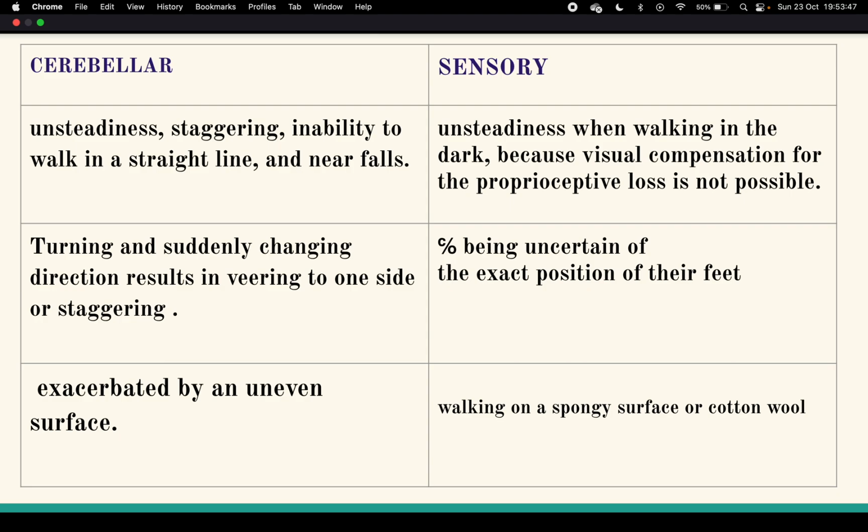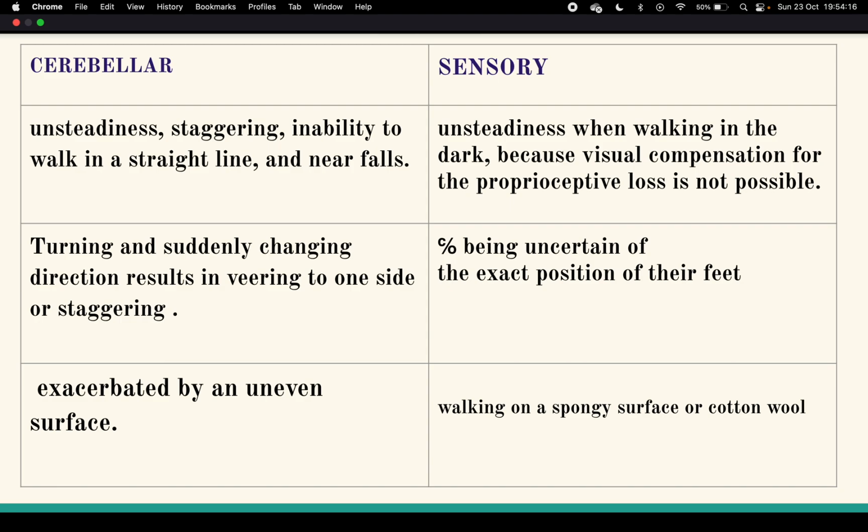Whereas in sensory, there will be unsteadiness only in the dark because, as we already discussed, the visual compensation is lost. In cerebellar etiology, turning and suddenly changing direction results in veering to one side, ipsilateral side swaying. If there is pathology of the left cerebellar region, the patient will sway to the left.